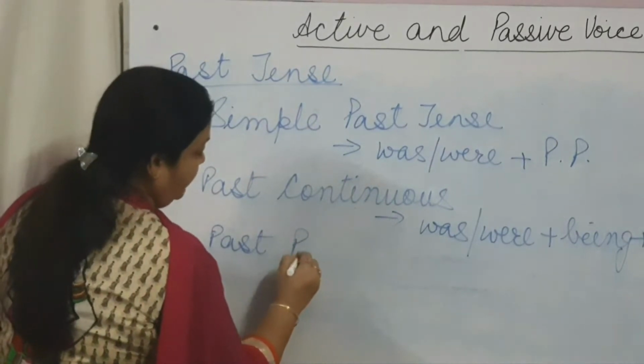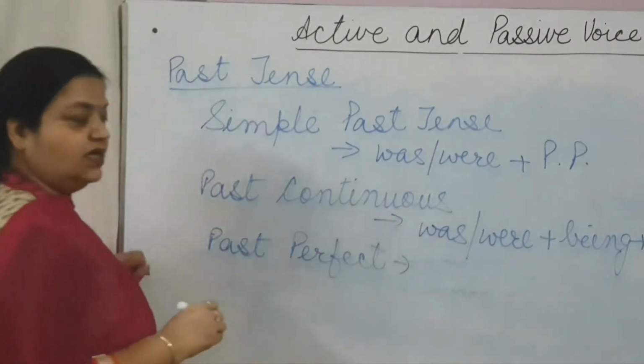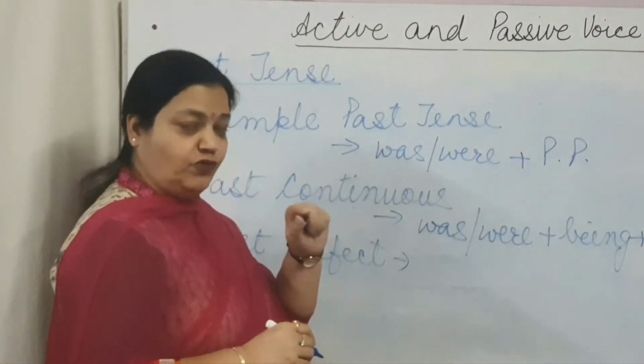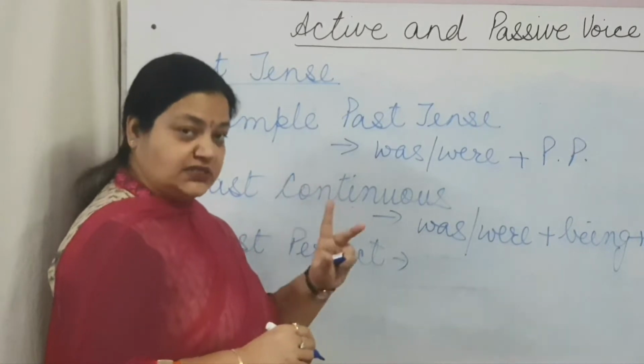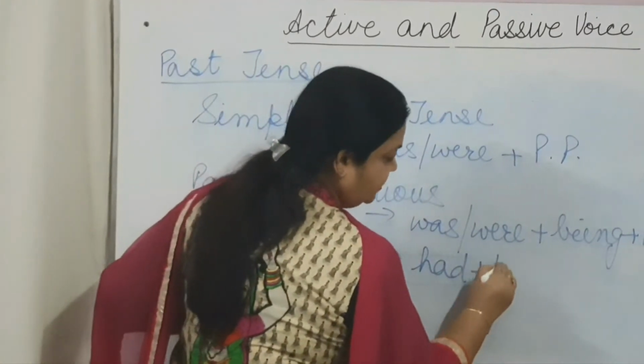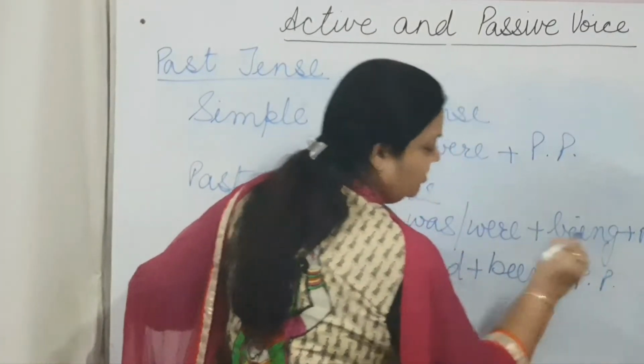Or if it is past perfect, we used has and have for present tense, and for past tense we use had plus been plus past participle.